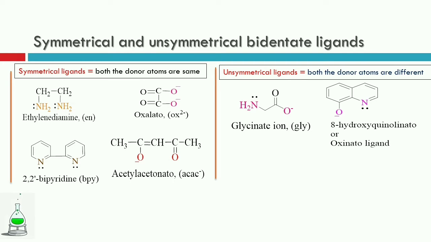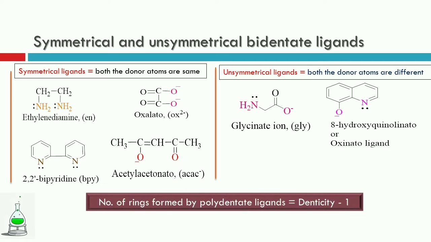Hence all these examples are symmetrical ligands. Now when it comes to unsymmetrical ligands, in the glycinate ion the two donor atoms are not the same, they are different: one is nitrogen and one is oxygen. So it is an unsymmetrical ligand. Similarly, one more example is the oxygenato ligand.